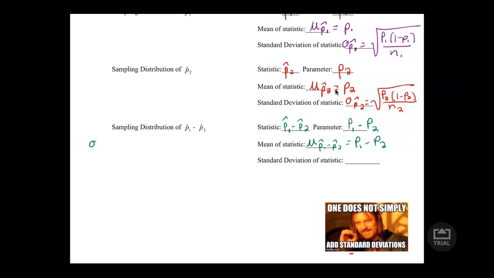Variance is our standard deviation squared. So if I have the variance of p hat 1 minus p hat 2, then I would take the variance of p hat 1, and I would add to that the variance of p hat 2.